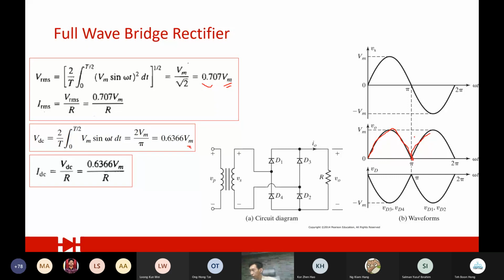But of course, this can be solved by adding filters. Now we are not considering any filters. A filter is just like an additional stage to smooth it out. So when we talk about pure rectification, in the old days, when they didn't realize that filters can help, this is what they did.